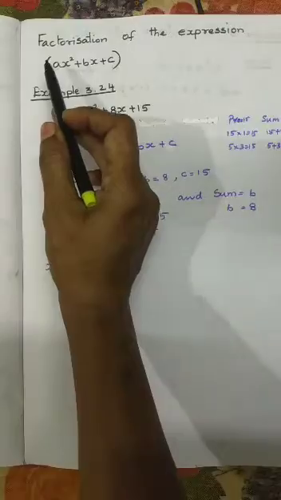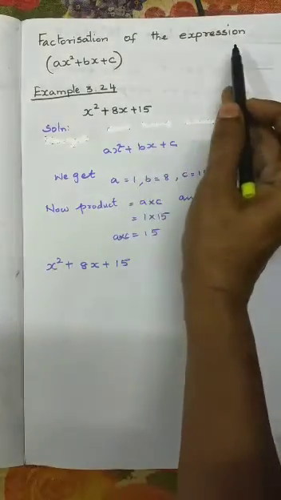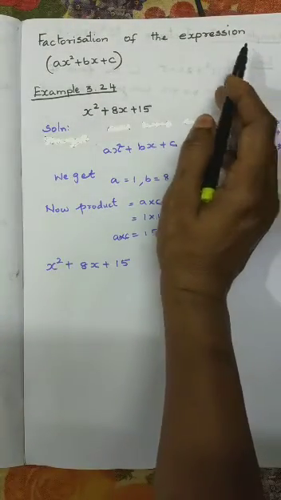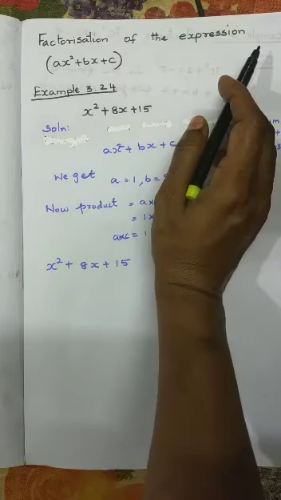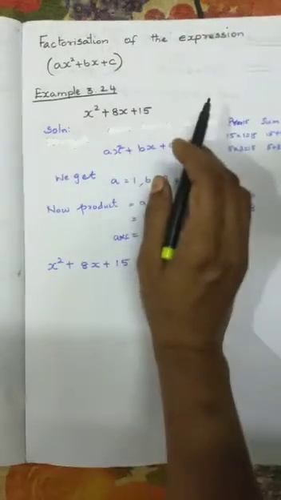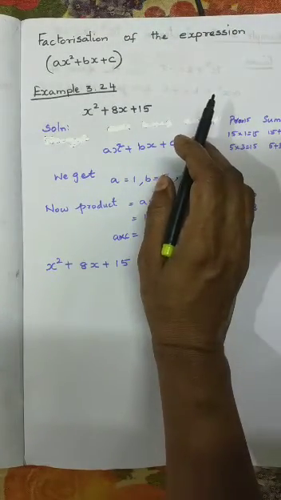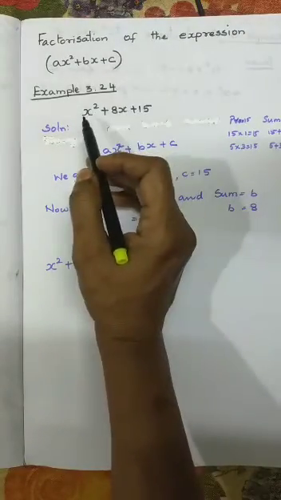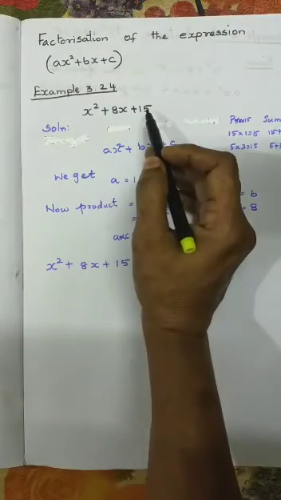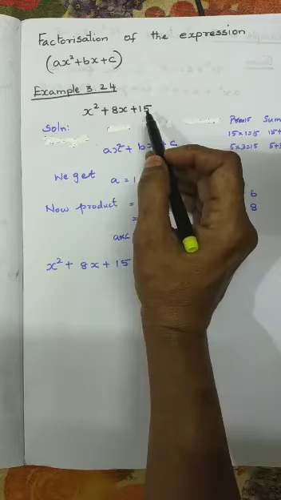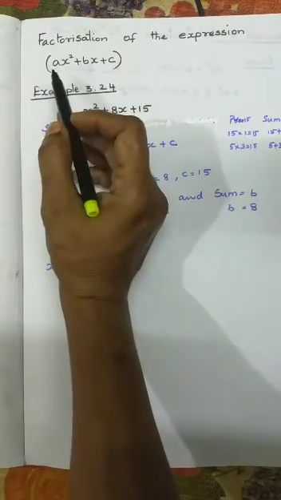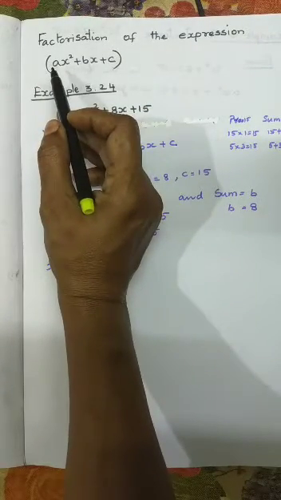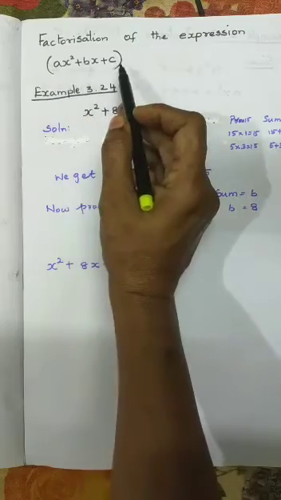Now we shall see the factorization of the expression. Till now we have seen how to factorize using identities. Now here the first term is x square, but the last term is not a square term. So for that we are going to use the identity ax square plus bx plus c.